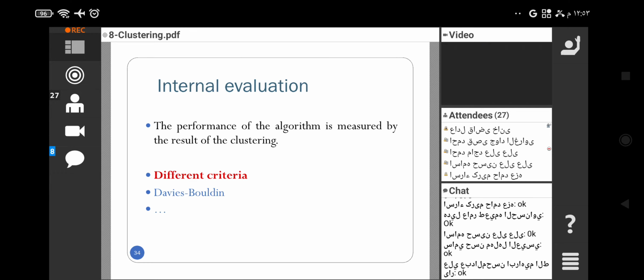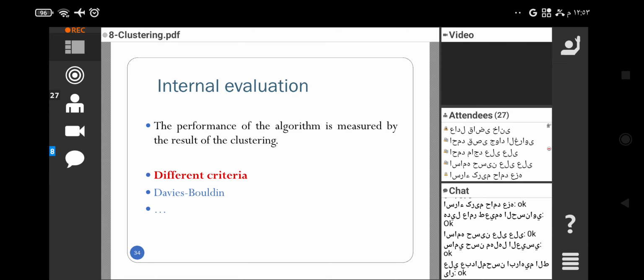We have different methods for internal evaluation. So internal evaluation of the clustering algorithm means that we are using the result of the clustering to evaluate the clustering algorithm.